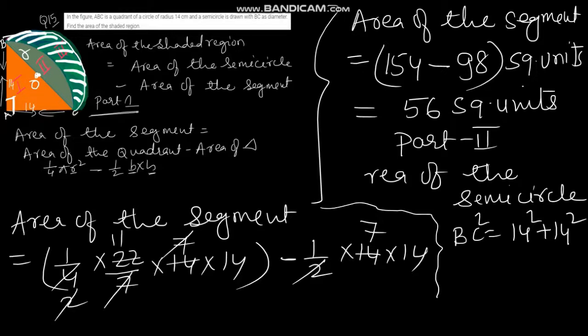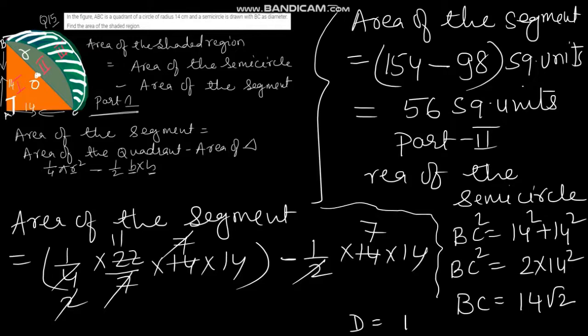So BC square is equal to 2 into 14 square, and therefore BC will be equal to 14 root 2. So if BC is equal to 14 root 2, that means diameter is equal to 14 root 2. So from here, children, you can find the radius of that semicircle so that you can find the area of the semicircle.